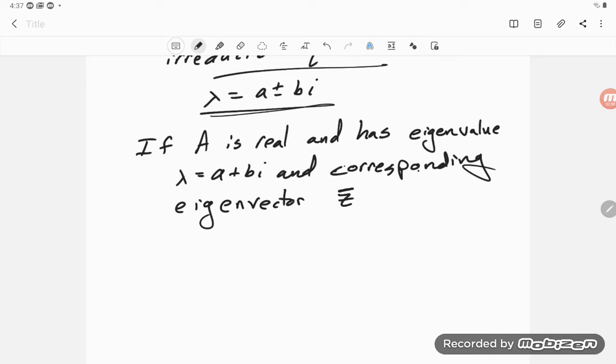Now here's the hard part: z has a line over it like a complement or a conjugate, but it's the vector z. Okay, so eigenvector z.